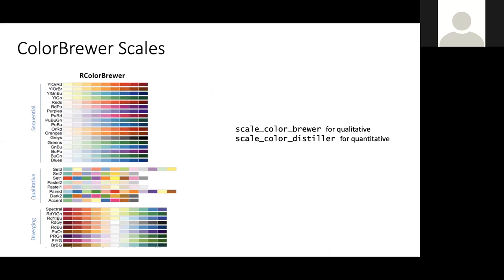But generally in the scientific community, scientists use color brewer for qualitative data, while color distiller for quantitative data. But it's your choice how you want your graphs to look.